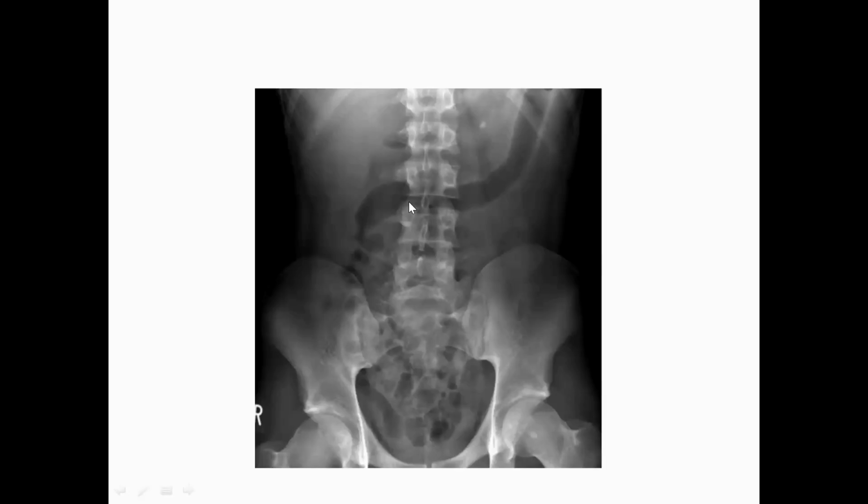So how are you going to describe this? The segment of the transverse colon, the splenic flexure and the descending colon is featureless, with a smooth, cylindrical shape.